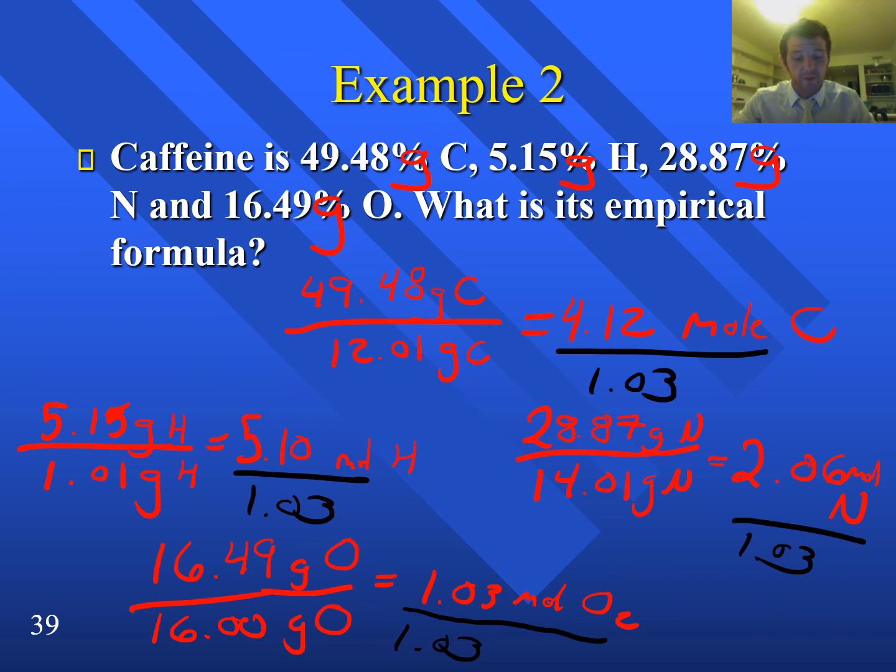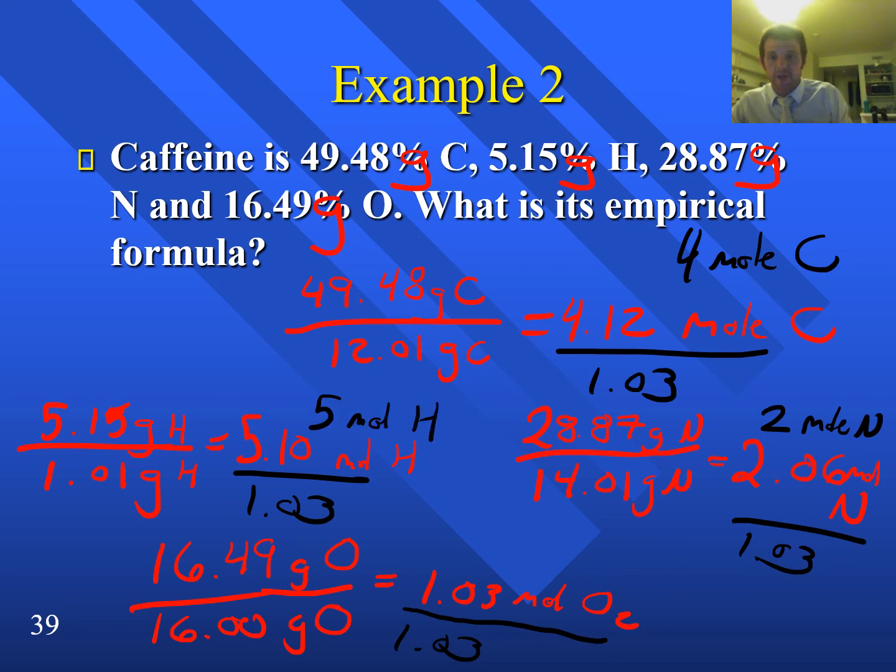So for carbon, I get an answer of, we have 4 moles of carbon. For nitrogen, I get an answer of 2 moles of nitrogen. For hydrogen, I get an answer of basically 5 moles of hydrogen and then 1 mole of oxygen.